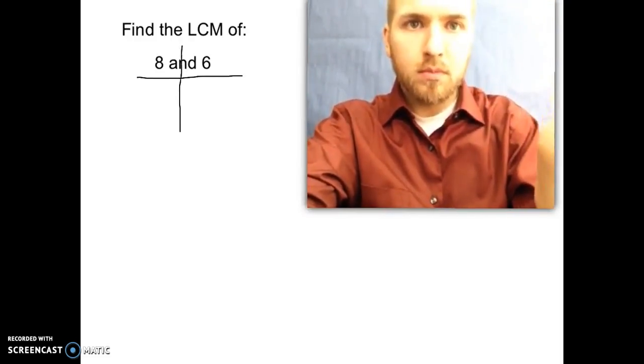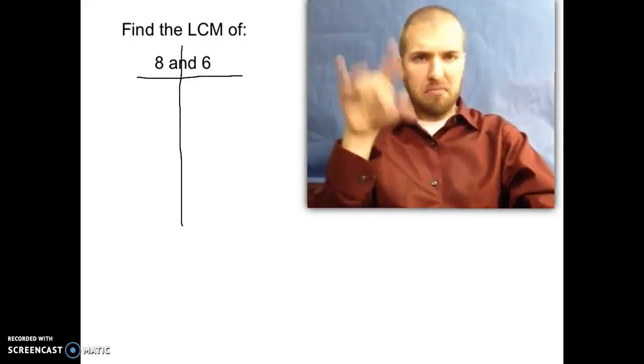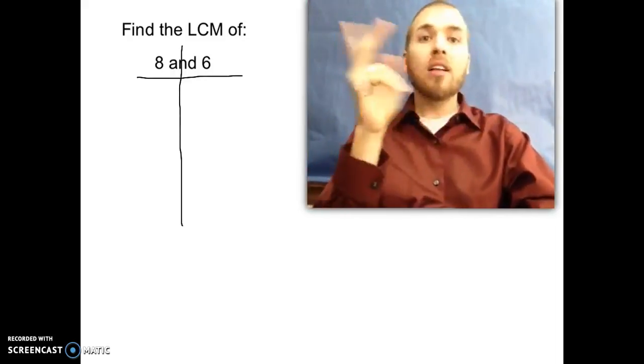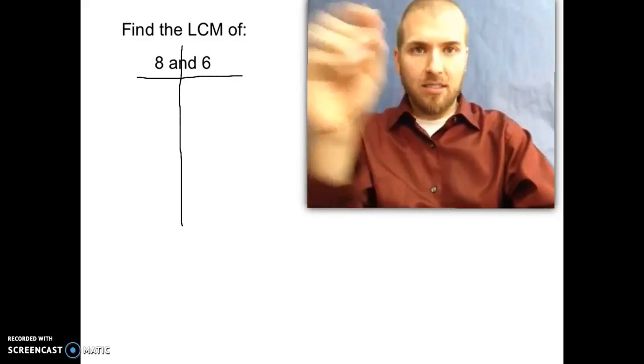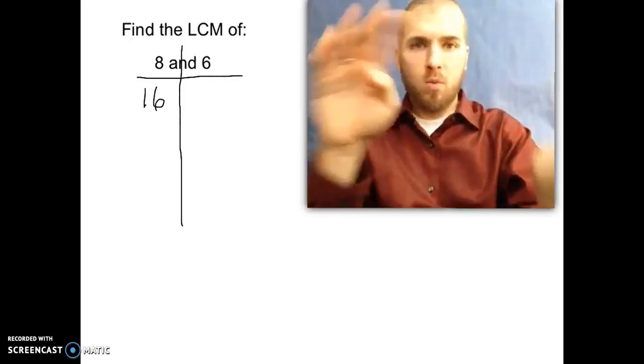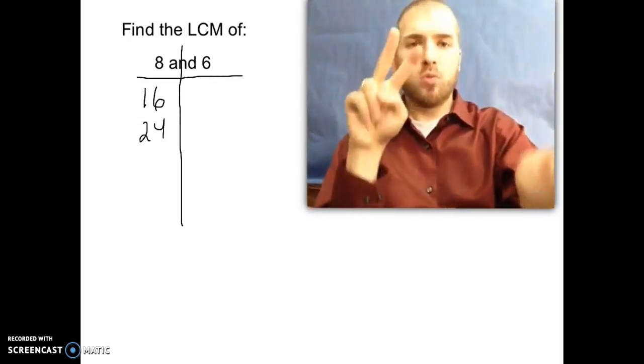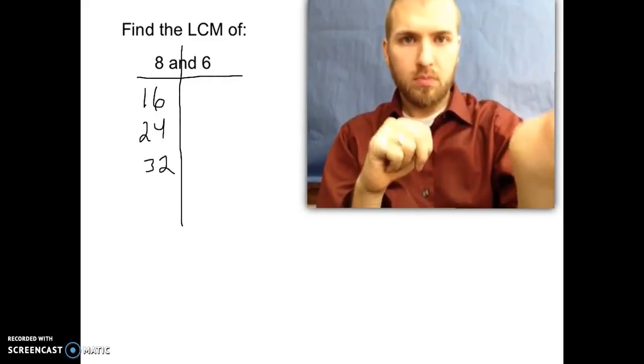That's a common multiple. However, we want the number to be the least amount, hence the least common multiple. So we'll start with 8 times 2 because 8 times 1 is higher than 6. So 8 times 2 is 16, times 3 is 24. 8 times 4 is 32.